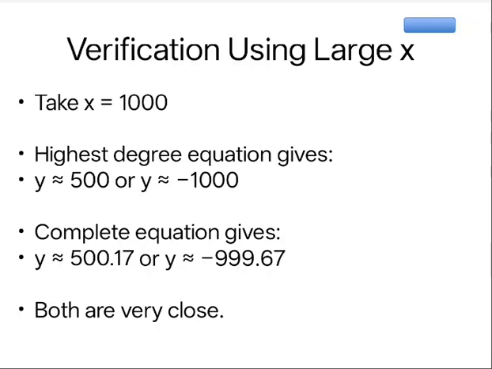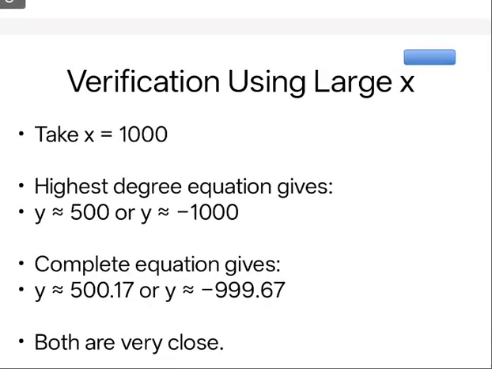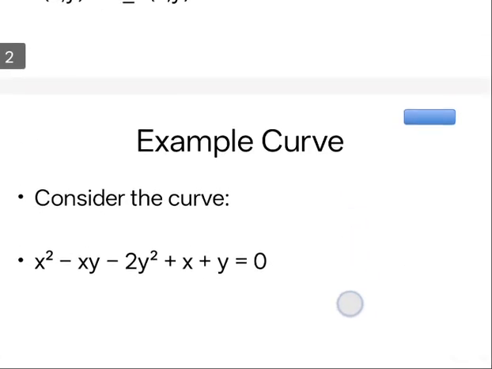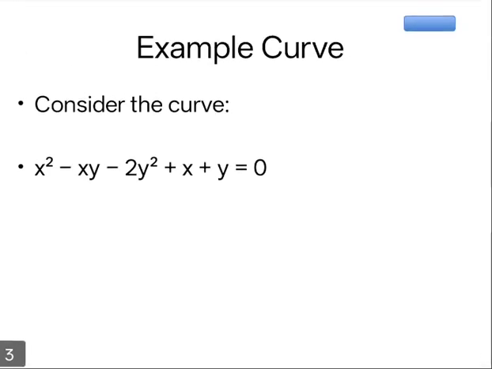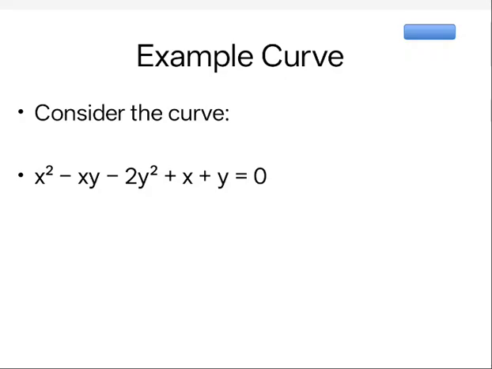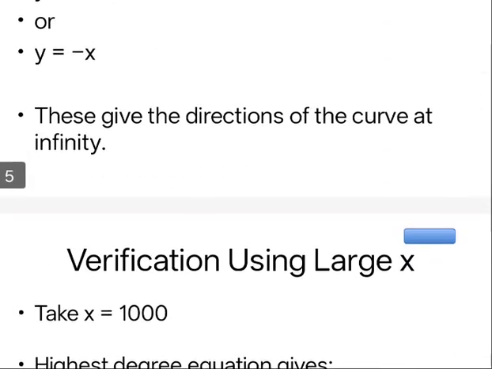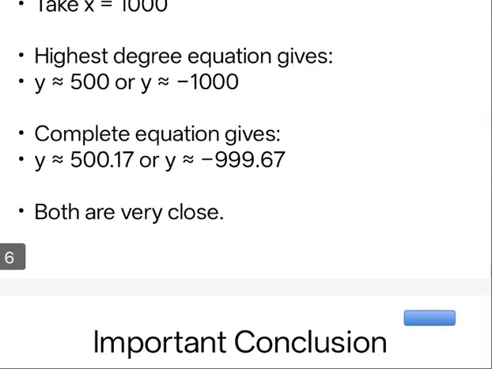But whenever we directly substitute x is equal to 1000 in the complete equation, what value do we get? Using the complete equation, we get almost y is equal to 500.17 or y is equal to minus 999.67.